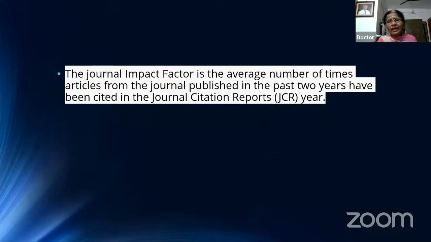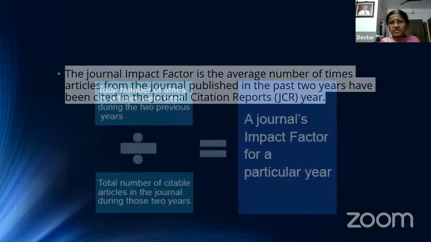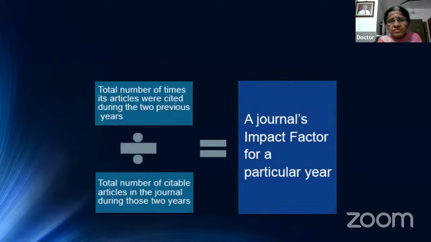Like I told you, it is the average number of times an article from a journal published in the past 2 years has been cited in the Journal Citation Reports. It's the total number of times its articles were cited, divided by the total number of citable articles in the journal for the past 2 years. That gives you the impact factor.